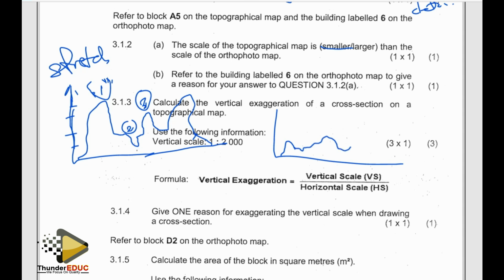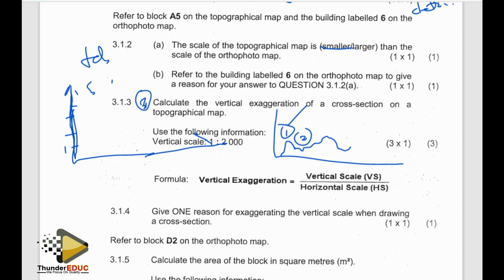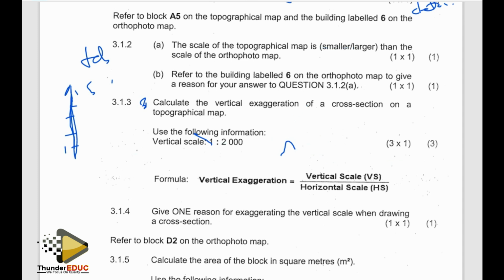So you see the heights have no emphasis. The same feature number 1 is what we see here, because we have exaggerated the vertical scale such that we emphasize the height of these features. If it's a valley, we can now see clearly that this is a low-lying area. Or if it's a gorge, you can see it by exaggeration. So that is the purpose of exaggeration: we exaggerate to emphasize the height of smaller features so that they become more visible.